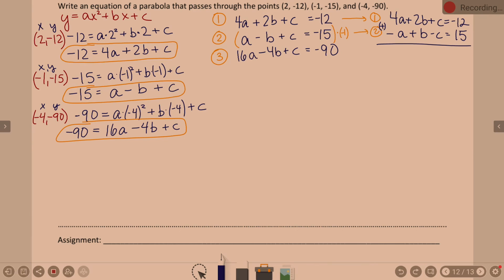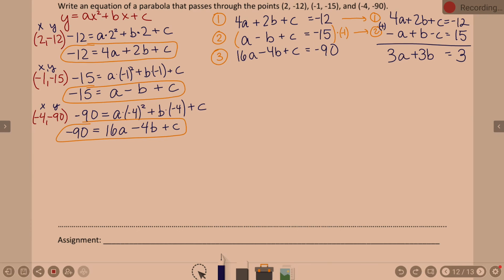Add them together. 4a plus negative a is 3a. 2b plus 1b is 3b. C plus negative c cancels. Negative 12 plus 15 is 3. Now, I'm going to call that equation 4.